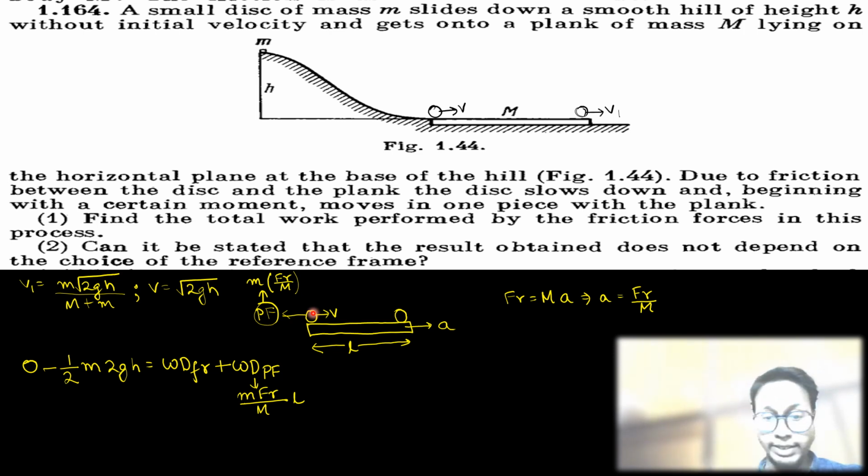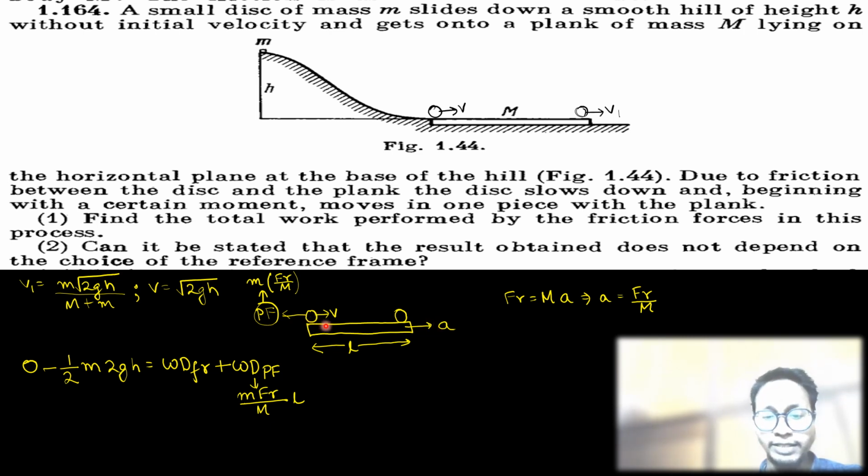I'm repeating once again. Since this slab itself has an acceleration, there would be a pseudo force on this ball. The pseudo force is nothing but mass of the ball into acceleration of the slab. In order to find out the acceleration, we need to draw the free body diagram of the slab. What is the only driving force of this slab? The friction force in this direction, isn't it?